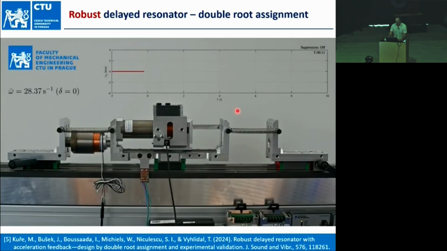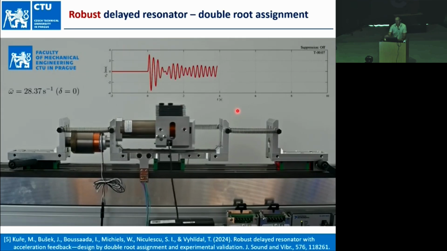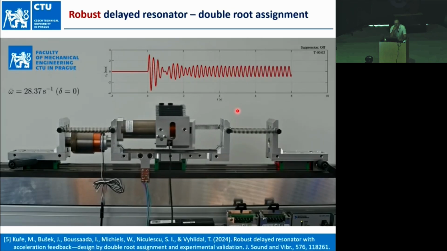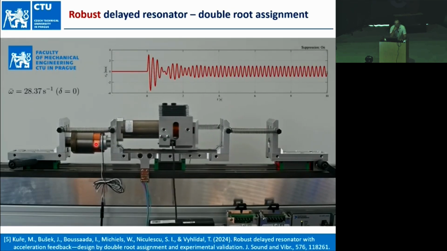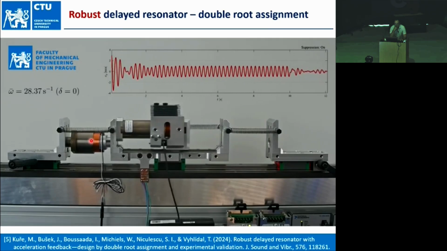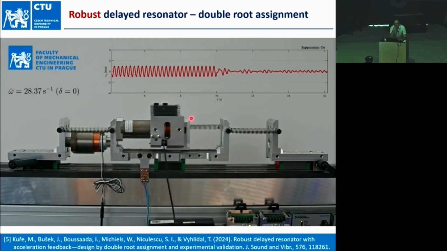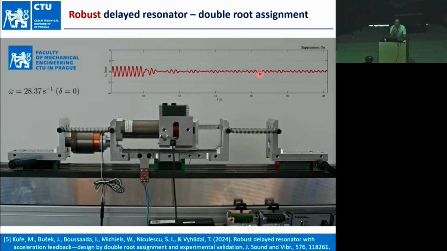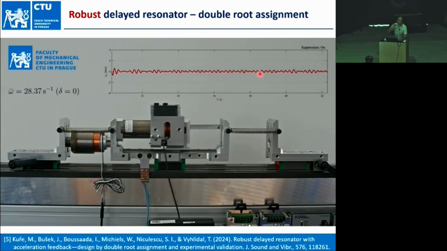So finally, we have here the experiment. We excited by this voice coil, the inner voice coil, and here we have the performance. You may notice that we still have some residual vibrations here.